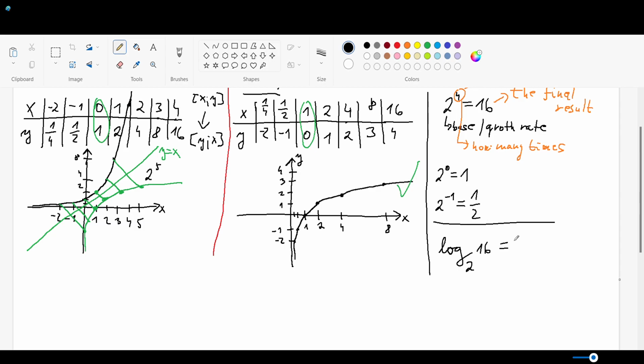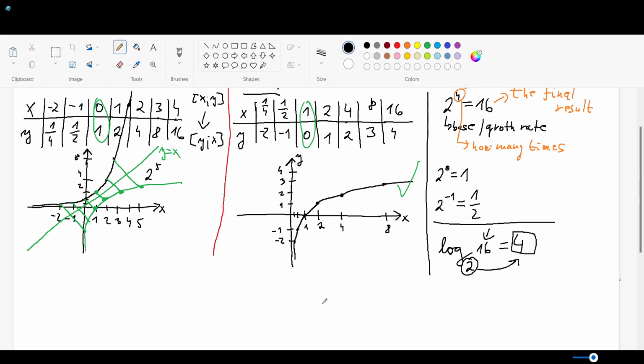But the main question here is, as our growth rate is 2, how many times did we double number 2 to get number 16? And of course the answer is, we did it 4 times.